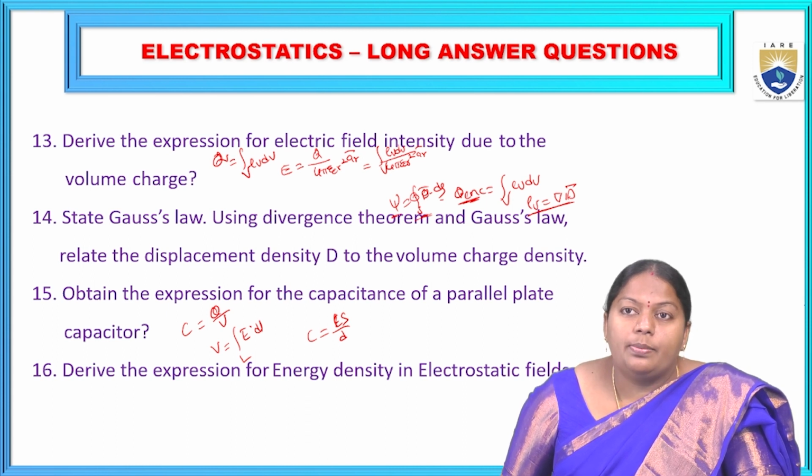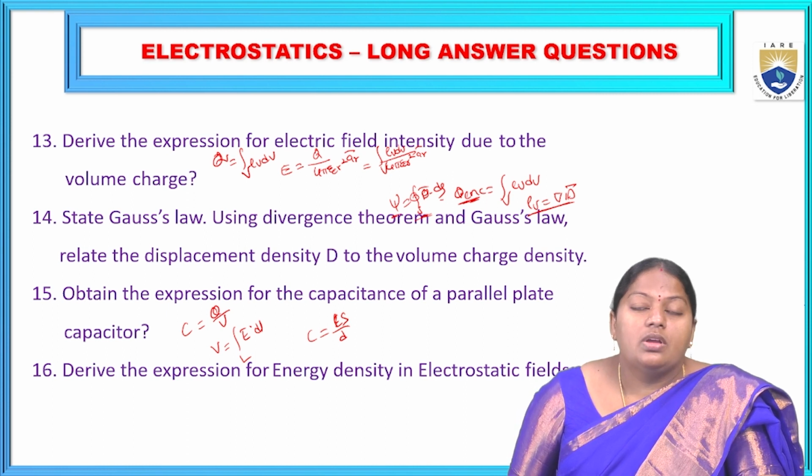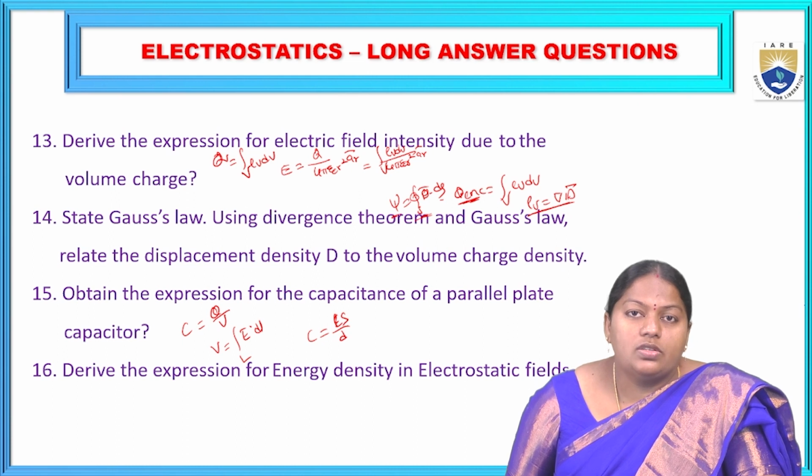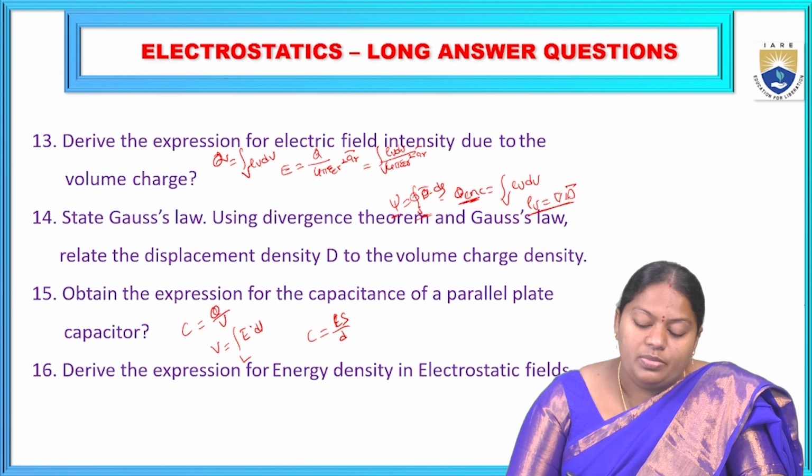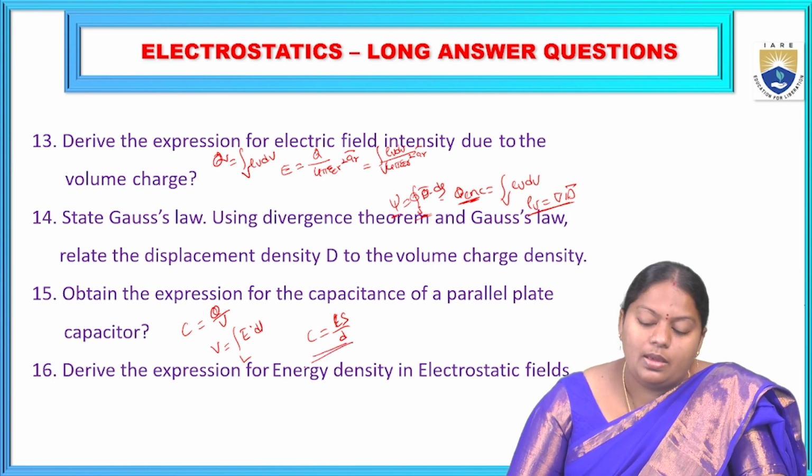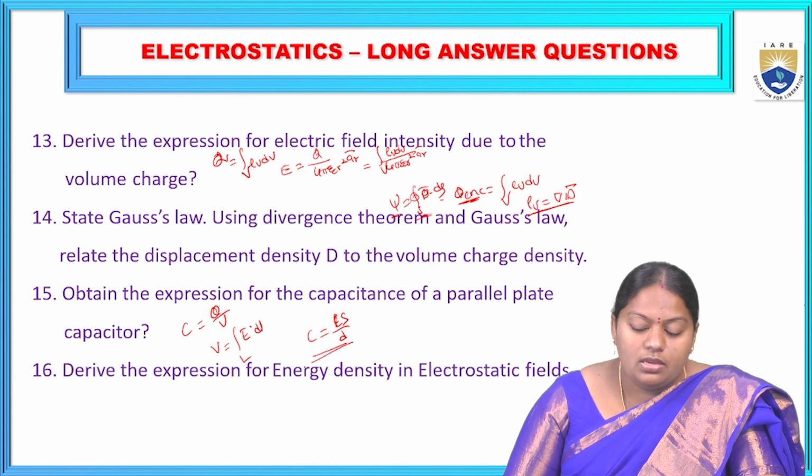A parallel plate capacitor has two conductors carrying the same magnitude of charge, plus Q and minus Q, placed in opposite directions. Based upon that, for a parallel plate capacitor, C is given by epsilon S by d.